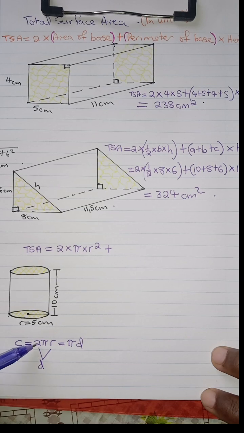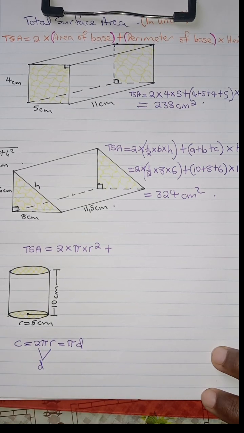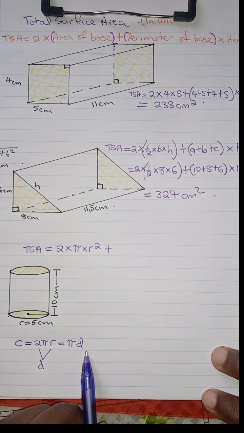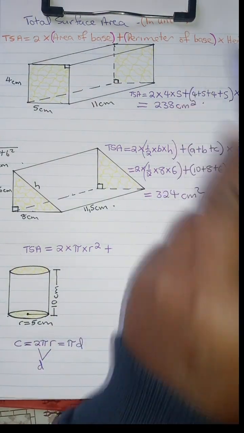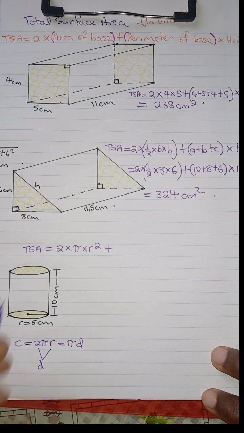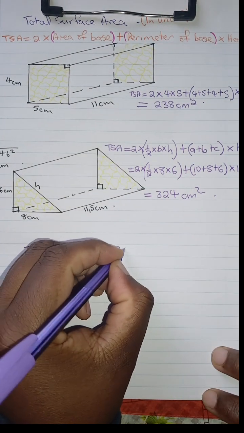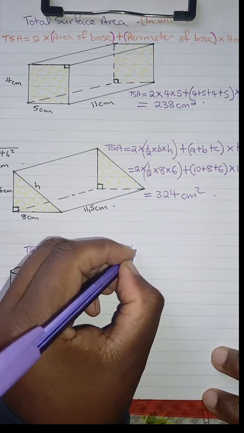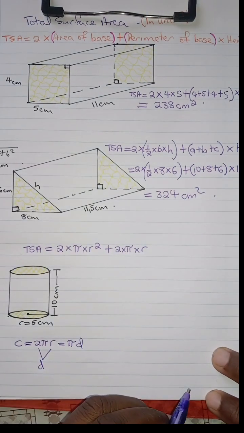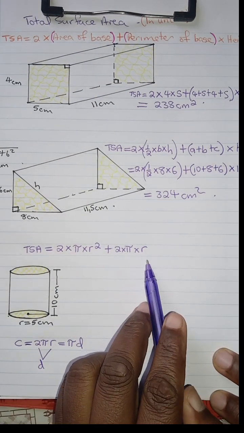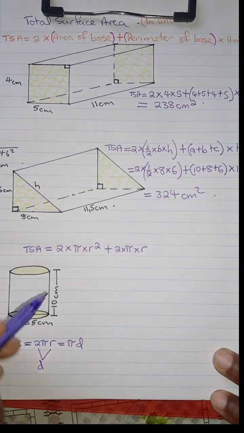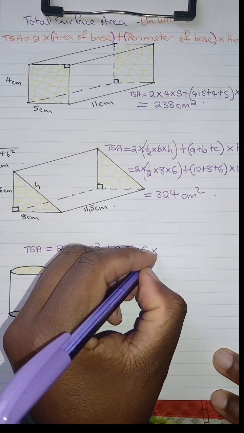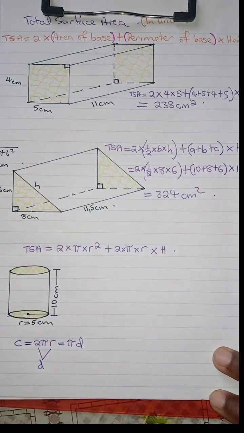You can use the one with radius if you are given radius, or if you are given the diameter, you can just say pi times the diameter. So perimeter of the base there, that's our circumference, that is 2 times pi times radius, and then the perimeter is now multiplied by the capital letter height.